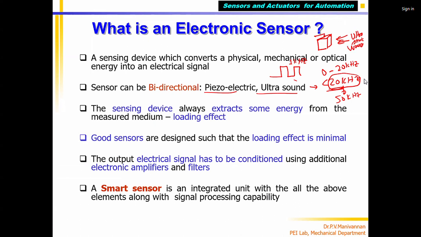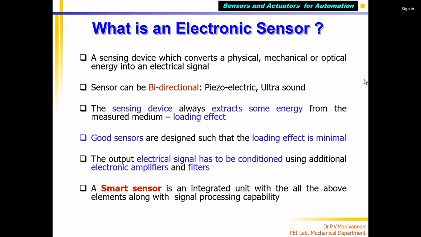It will generate a voltage, a proportional millivolts output. So in this case, it is now a sensor. If ultrasonic sound hits the crystal, it generates a proportional millivolts. Instead, if I apply a voltage, it will vibrate and produce sound. So these piezoelectric transducers are called bidirectional, because they can be used as a sensor and an actuator.